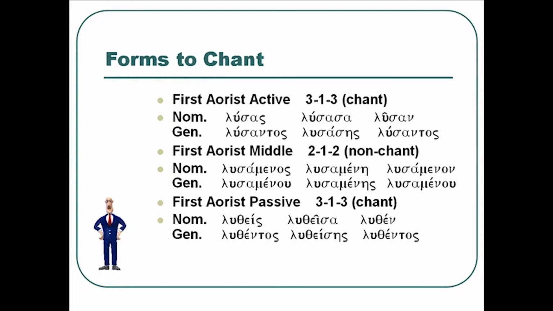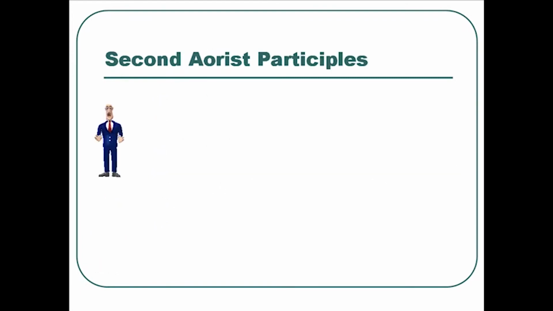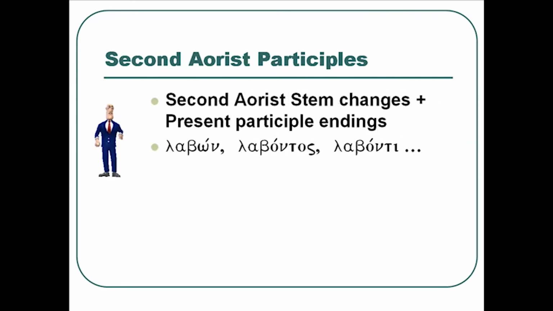Well, looks like you got the aorist participle forms down. Easy enough. Now let's look at the second aorist participles. In the second aorist, you take the second aorist stem and you add the present participle endings.